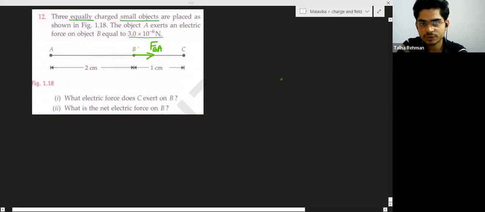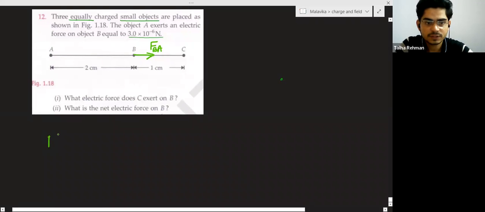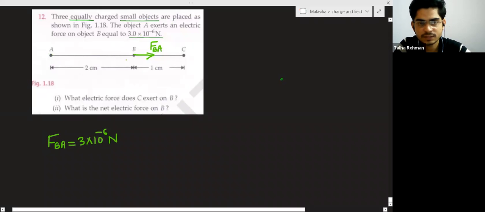This is the force on B due to A, and this value is given to us: 3.0, meaning 3 into 10 to the power minus 6 Newton. And the distances are also given.